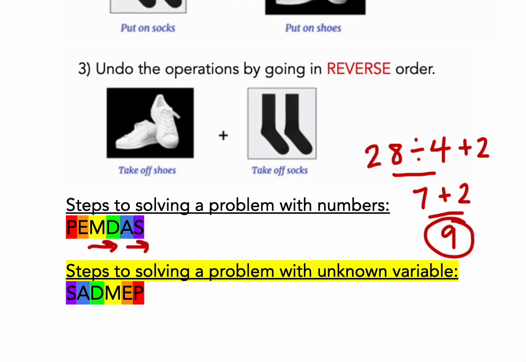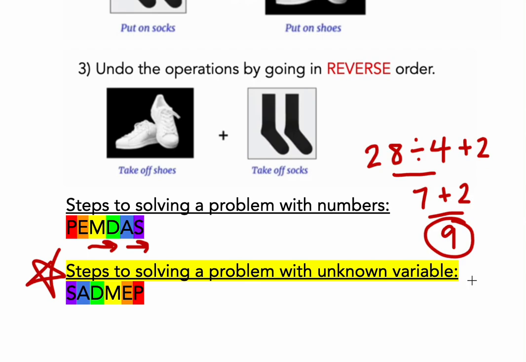Well, now this is new right here. If we're solving a problem with unknown variables, where we have an x or a y, just a variable there that we want to figure out the answer to, we're going to do the reverse. By reversing that, we're going to reverse the order and we're going to reverse the operations.